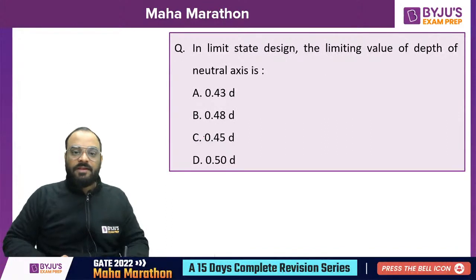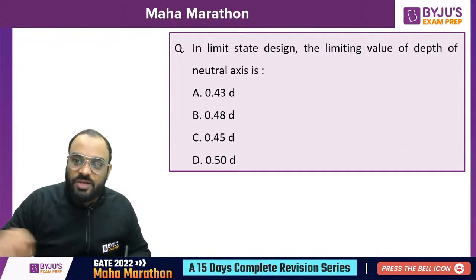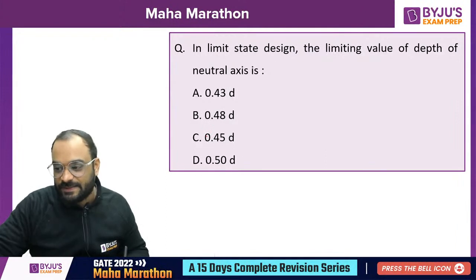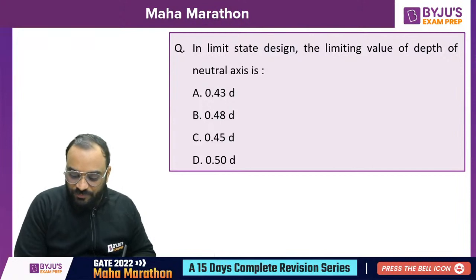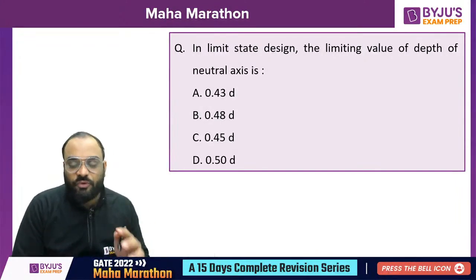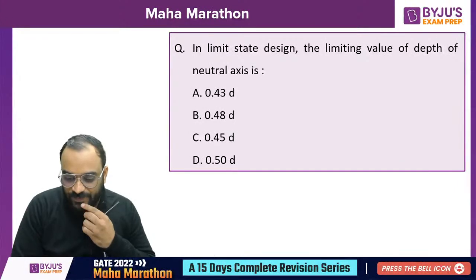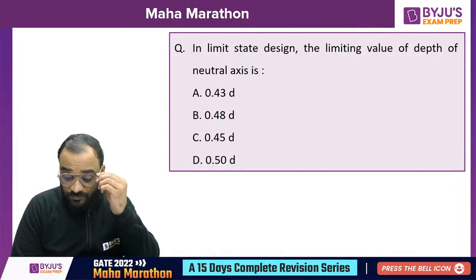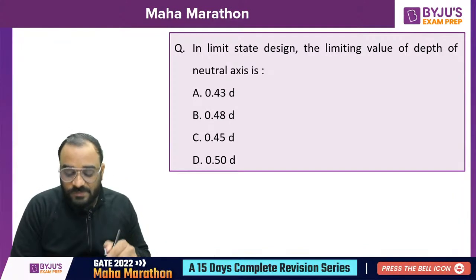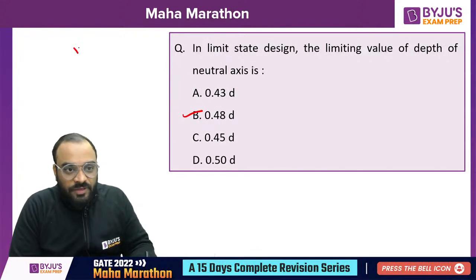Next question. In limit state design, the limiting value of depth of neutral axis is. Tell me the answer of this one. Quickly, guys, which is based on IS 456 2000 codal provision only. Yes, it should be 0.48 D. We know that, guys, XU limiting for M20 Fe415, we can use K into D. So what is the value of K?